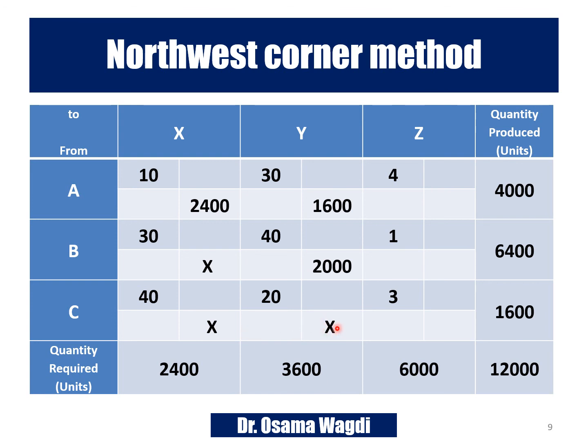We make a small cross in it. Then we're going to move to cell PZ and also make a comparison. When we chose the 2000 from the quantity requirement, I should subtract it from 6400, so we remained with 4400.